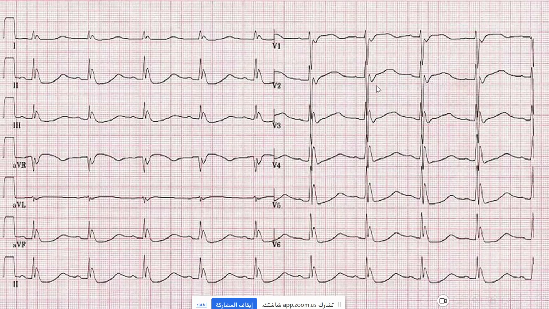Hypothermia, yes. What is this wave called in hypothermia? What can we call this?